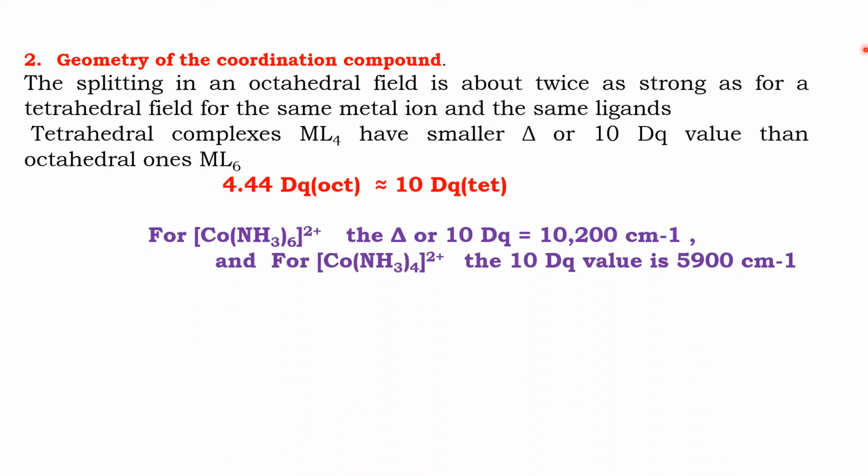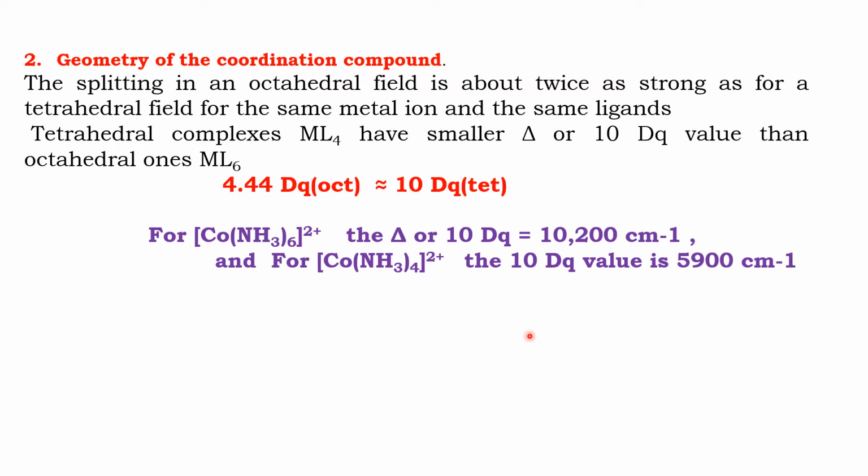See here, I am taking two compounds. One is [Co(NH3)6]2+, with 2+ oxidation state. Another is the same compound, but a tetrahedral one, [Co(NH3)4]2+. So the metal is the same, the ligand is the same, the oxidation state is the same, but one is an octahedral complex and the other is a tetrahedral complex.